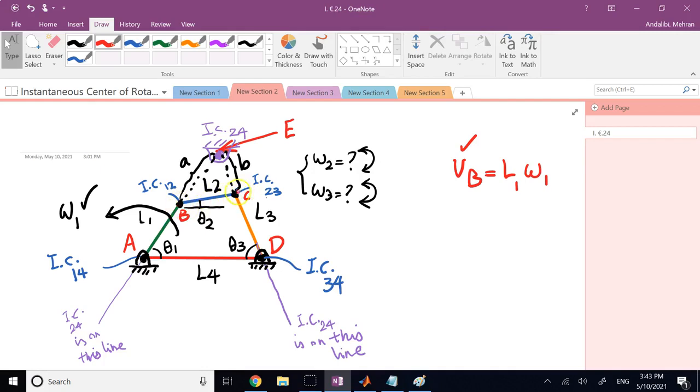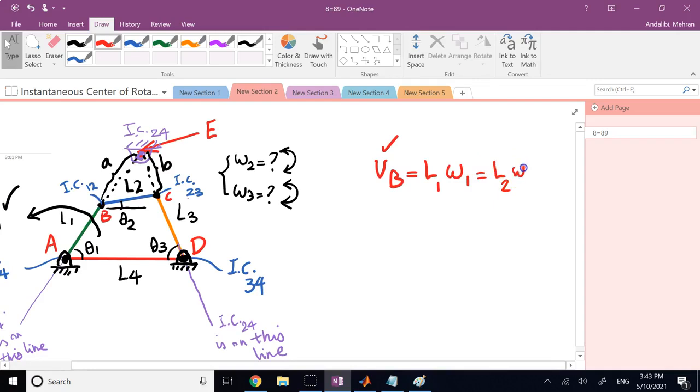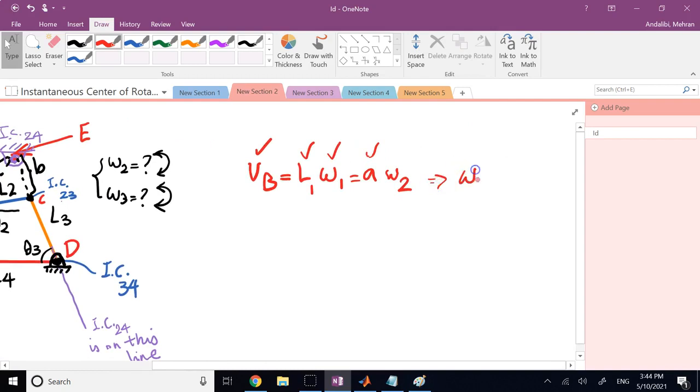And member BC, or member number 2, is rotating about the ground, member 4, about this center at point E. So if I find the distance from B to its own center, which is at E, and I multiply it by omega of member number 2, then I can also find the velocity of B. Not L2, it is actually A. Since B is rotating about this point, if I multiply A by the unknown omega 2, that would also give me V of B. And now here A is known, omega 1 is known, L1 is known. Therefore, I can find what? Omega 2.